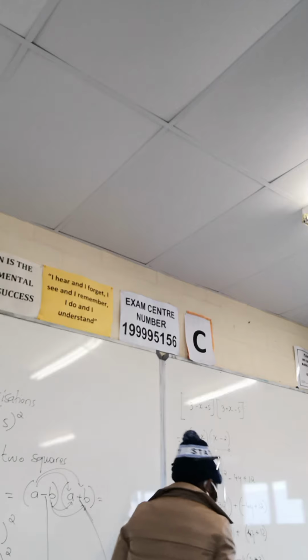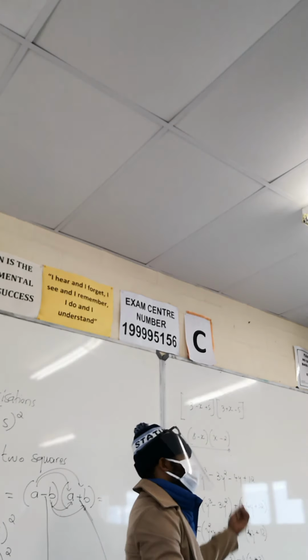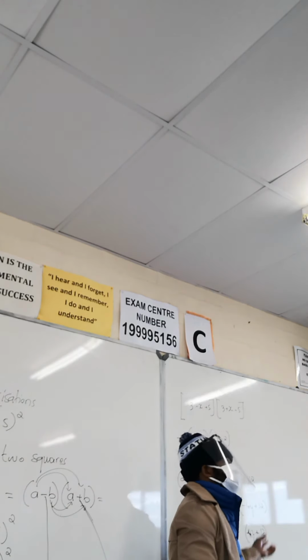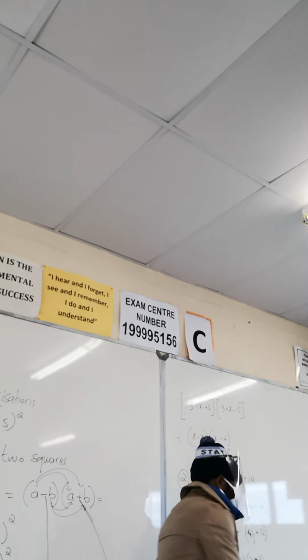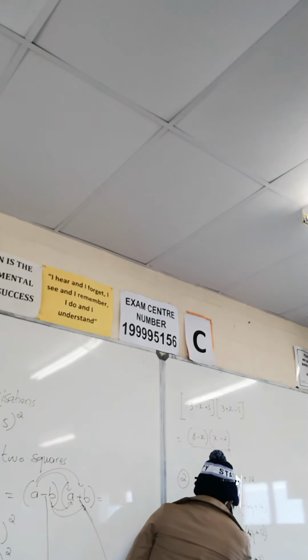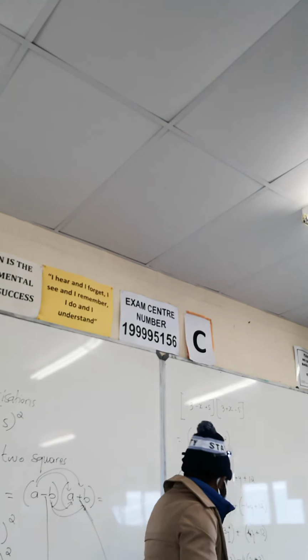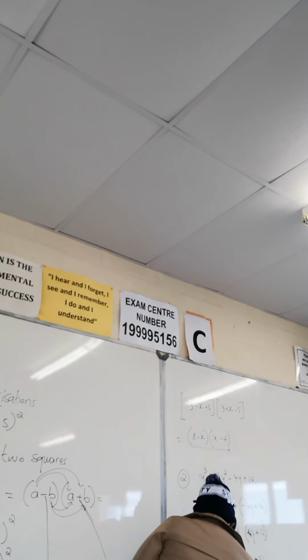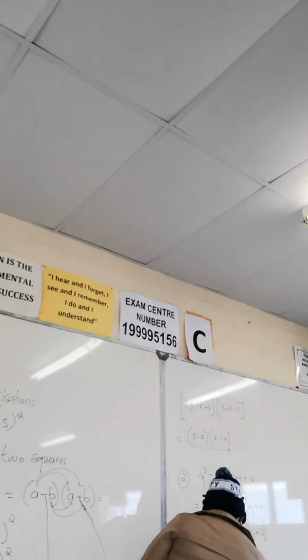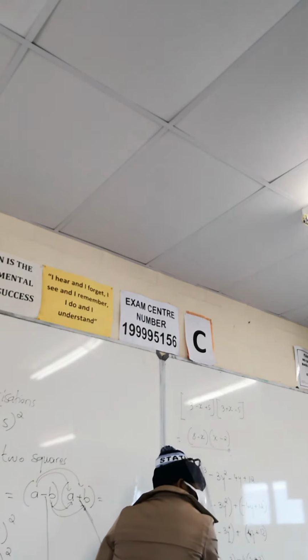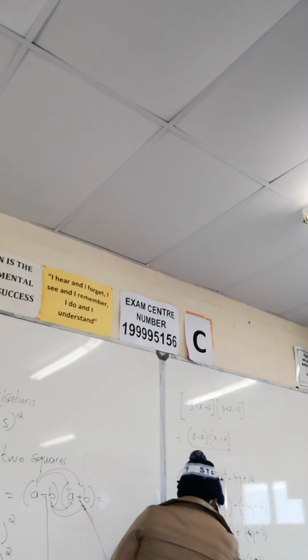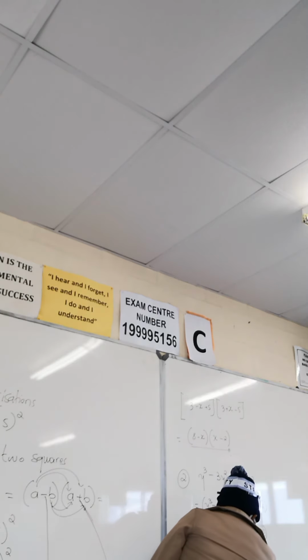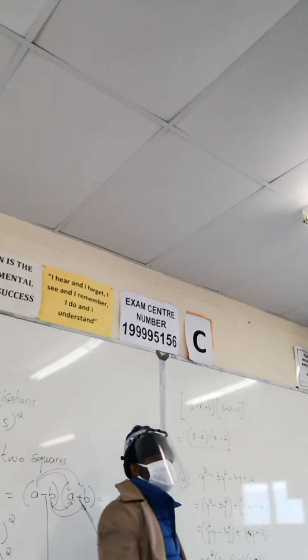Now as you can see, the purpose of getting the common factor is to write both in the same expression. So here, you see I have a common factor. If I take this common factor, y minus 3, what is left? We have y squared minus 4.